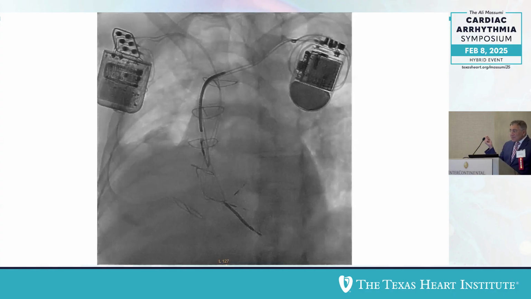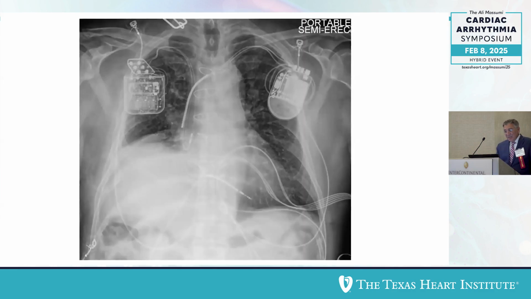I like the smaller, thinner lead, like the 3830, because I want less volume in the RV. Hopefully from now on, maybe we just do one device, CCM and a defibrillator.